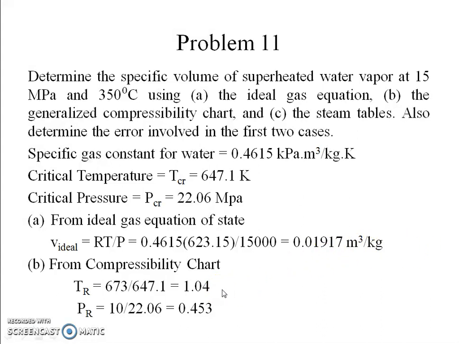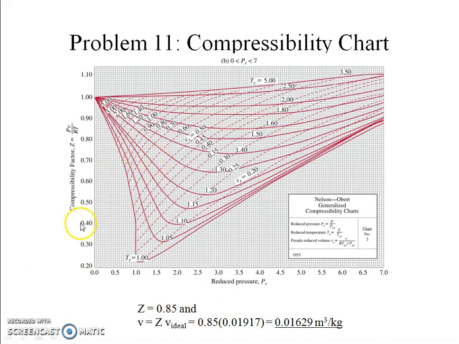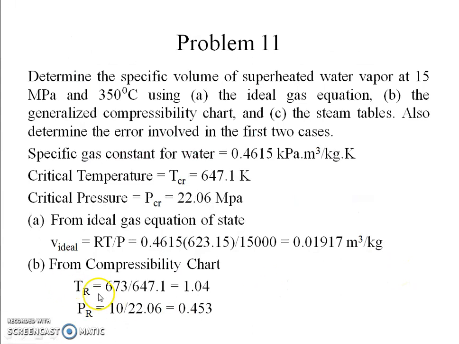Let's now use the compressibility chart. So you know what the compressibility chart gives you. It gives you compressibility factor as a function of reduced pressure for different reduced temperatures. On the x-axis I have plotted reduced pressure. How do I calculate reduced pressure? Reduced pressure is nothing but the given pressure divided by the critical pressure.